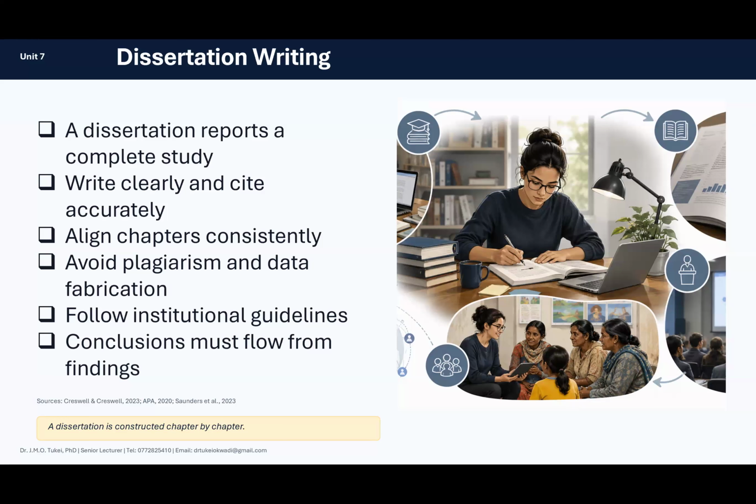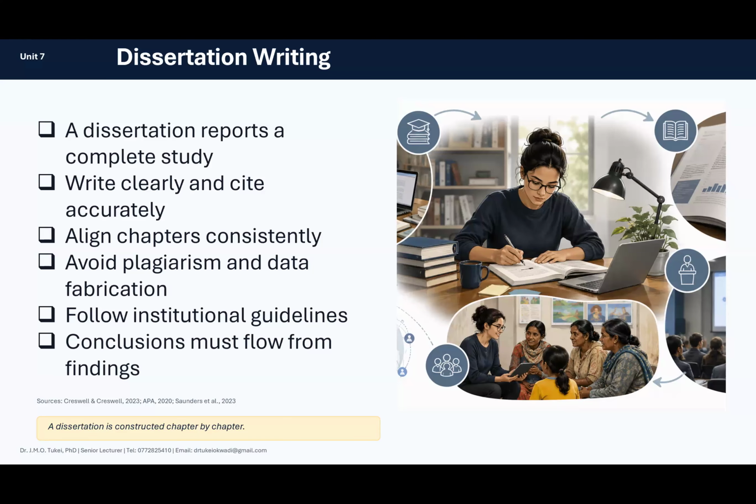Colleagues, I want to give you an example. If one objective examines the influence of training on performance, the dissertation should show the relevant literature, measurement, analysis, findings, discussion, conclusion, and recommendation for that same objective. I want to engage you. Can a conclusion be valid if it is not directly supported by the findings?